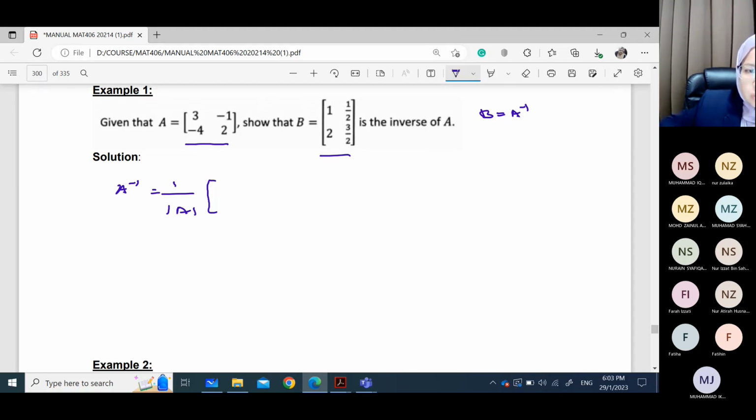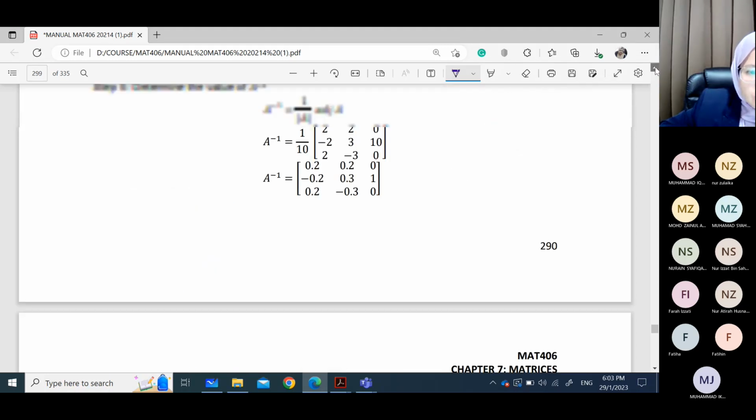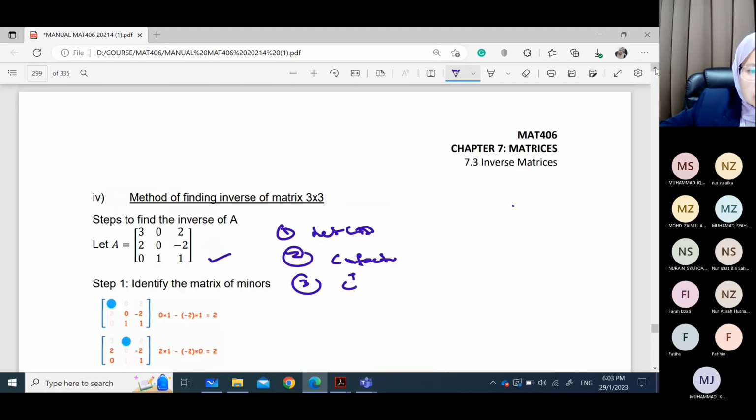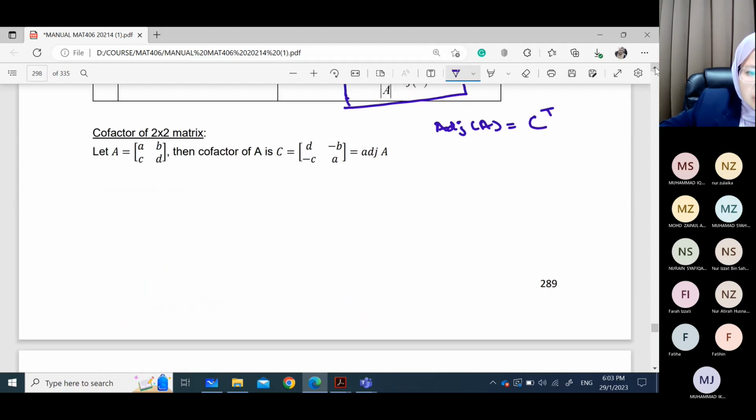Cofactor dia untuk 2 by 2 matrix yang ini. Cofactor dia adalah D negative B negative C A.